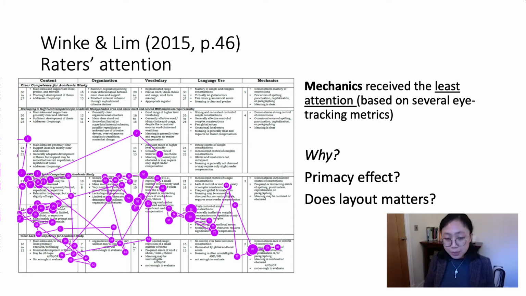But they speculated perhaps it was due to what is called the primacy effect, because it's positioned last in the list. Therefore, it received the least attention, because they also found that content and organization, which are the first two, received significantly more attention.